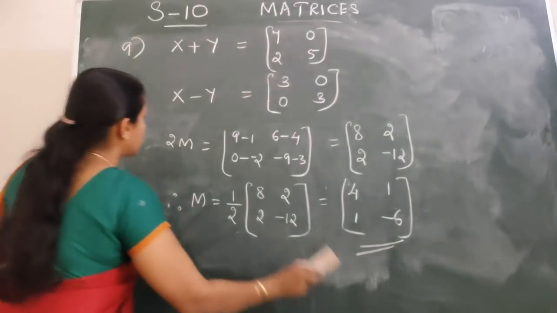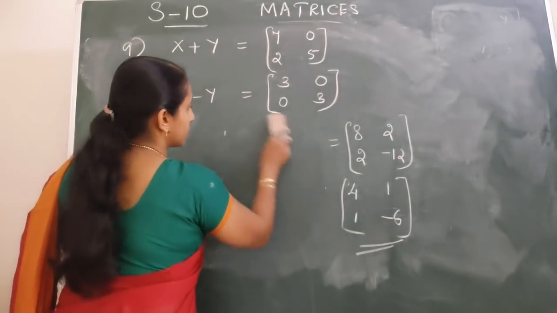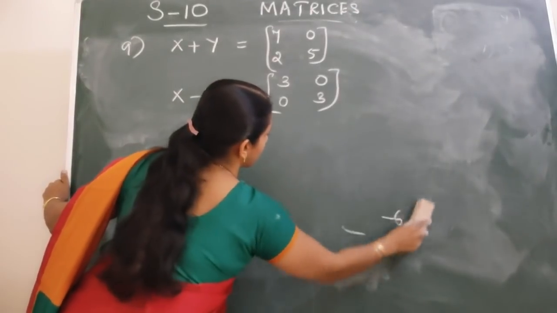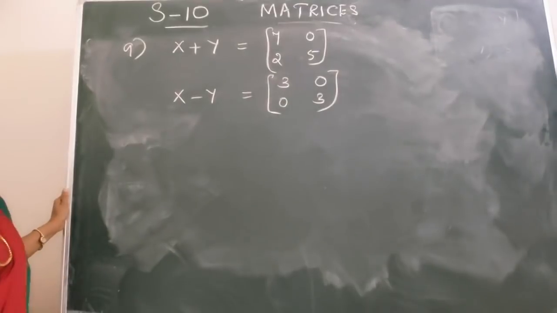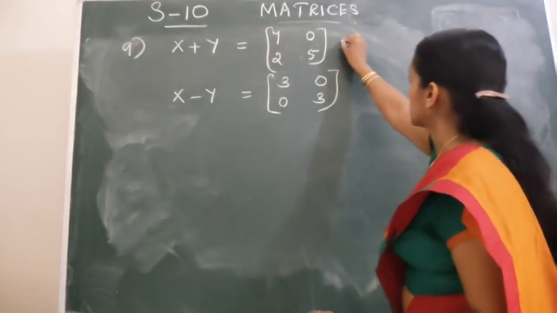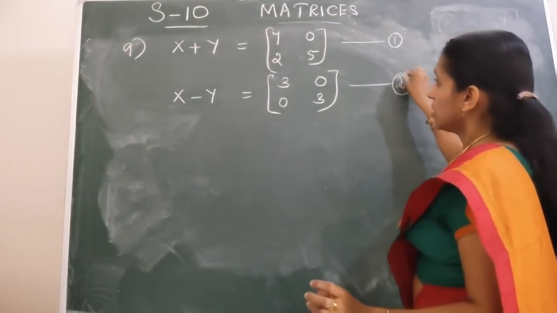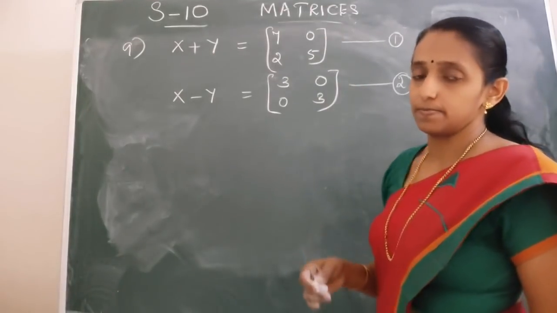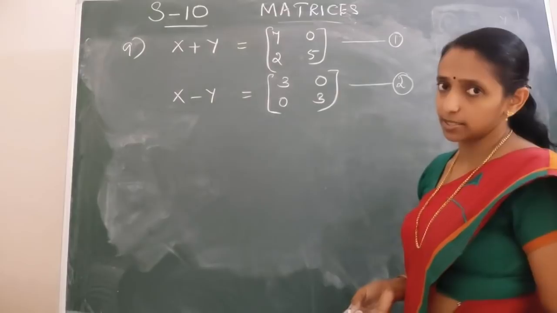Alright. So, to solve such a type of question, you will use the simultaneous property. That is given X plus Y and X minus Y. So the first matrix you will consider as equation 1 and this is equation 2. If you are subtracting both, X will cancel.